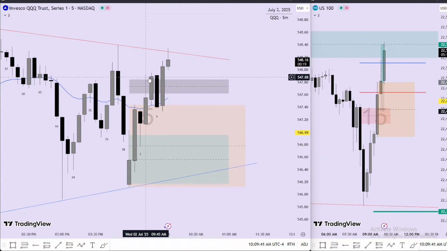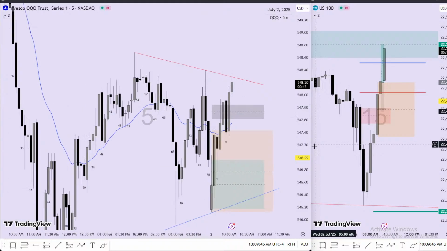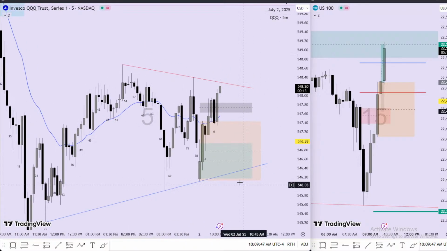This is the first breakout of the previous tight trading range. But for the overall context, we are still within the range.